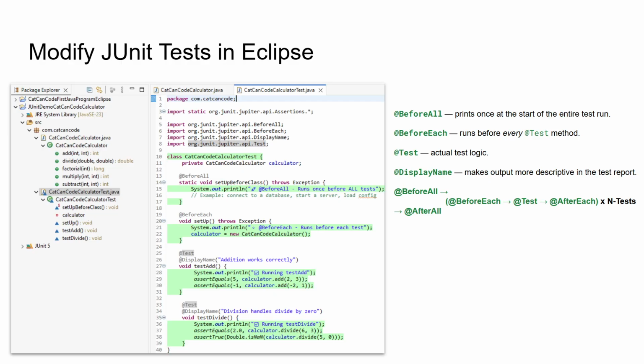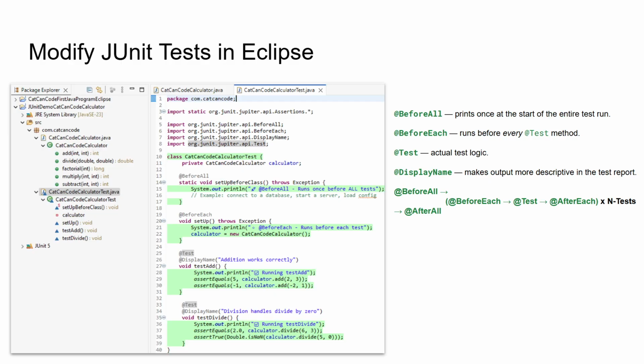This method will be run before every test method. The setup here is normally you make a new object of the class that you want to test. In this case, I make a new object calculator of my CatCanCodeCalculator class that I want to test.